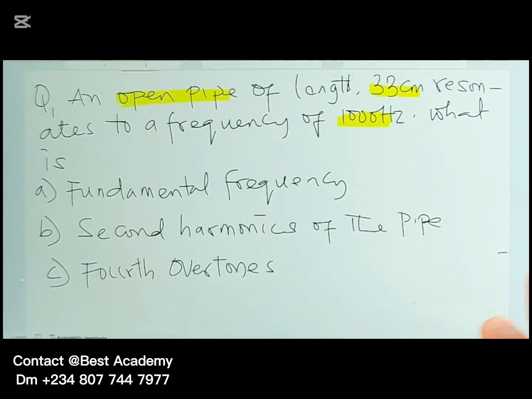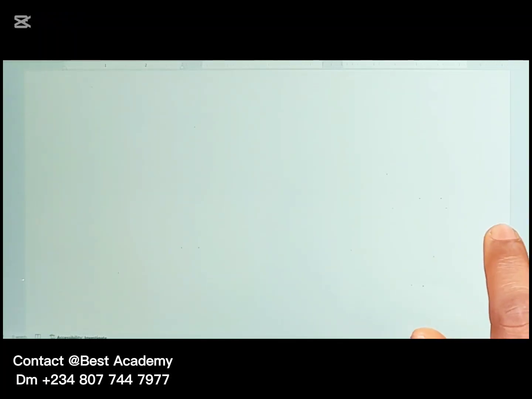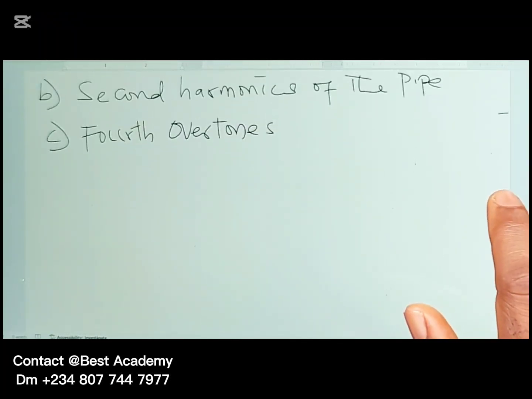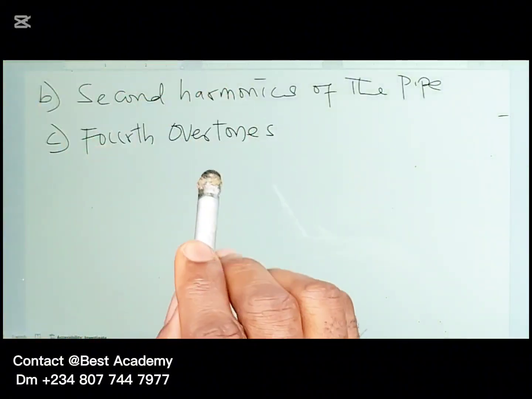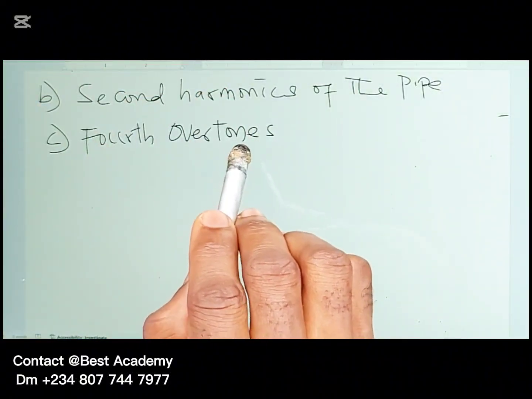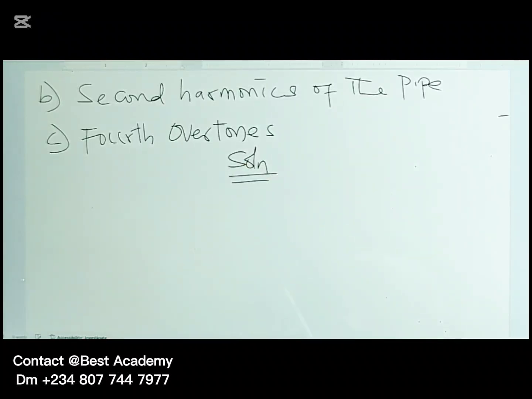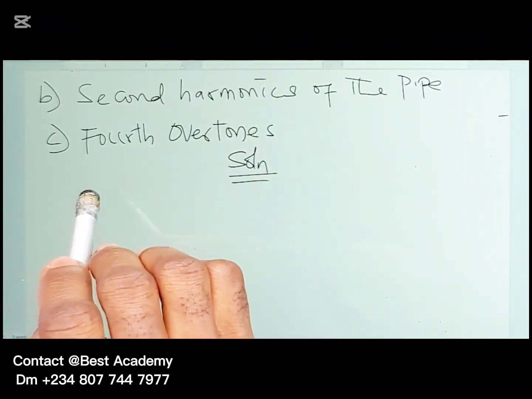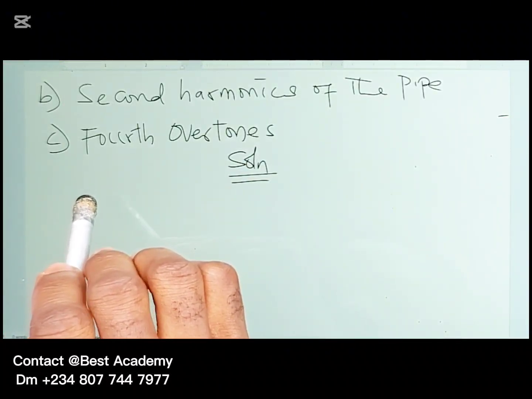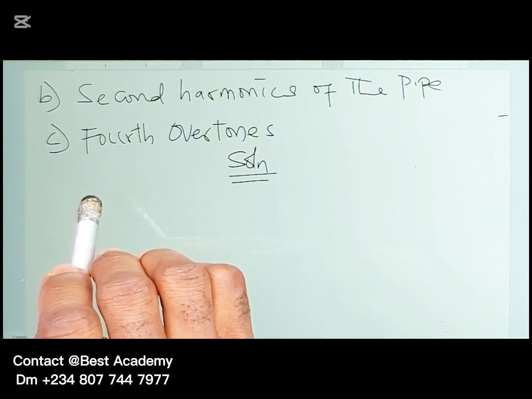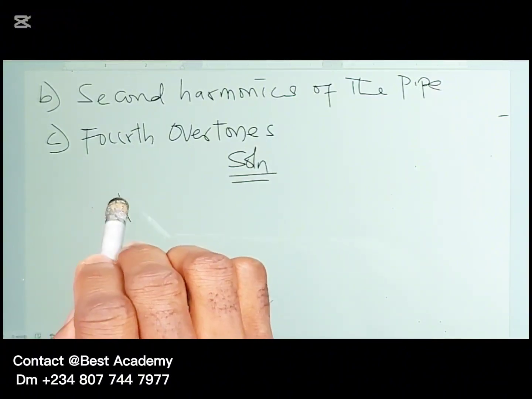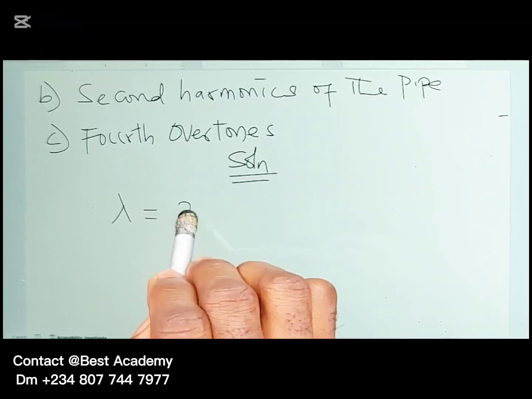So before we solve this, let's try to know the formula of open pipe relating with wave parameters. The formula for open pipe relating with wave parameters is said to be lambda is equal to 2L.